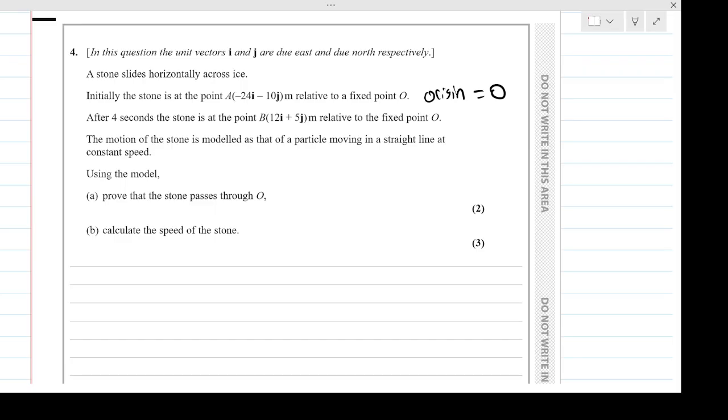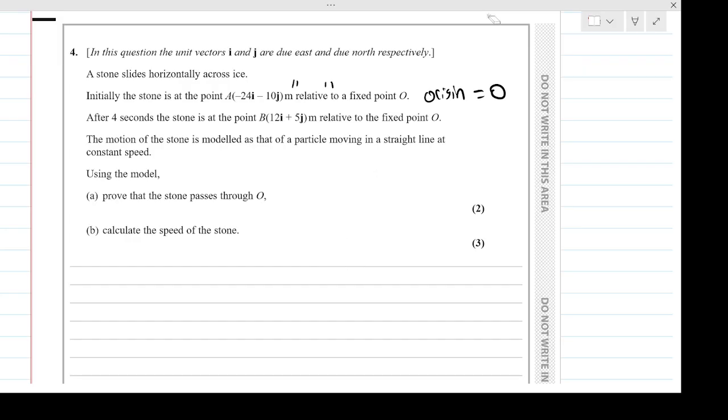Right, so the main idea here is, these points A and B, because they're what we call relative to O, basically means it starts from O. Okay, so if you have a point A relative to O, so we have an origin, it just means it's a vector starting from the origin to the point A. And so because of that, you can think of it as a position vector, and you can think of it as coordinates on the XY grid, because it's from the origin.